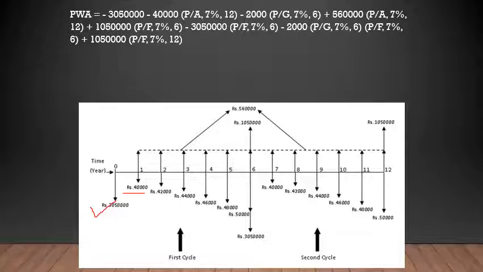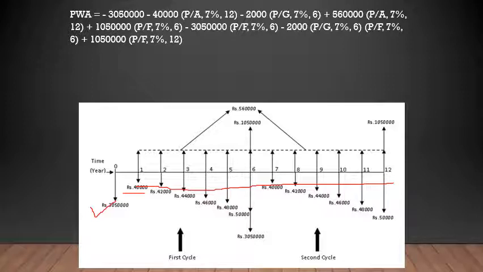This 40,000 is repeating, it is flowing on first year, second year, third year, fourth year, fifth year, sixth year. Does it flow on the seventh year also? Yes. Eighth year? Yes. Ninth year? Yes. 10th? Yes. 11th? Yes. 12th? Yes. Which means 40,000 is flowing all through 12 years.